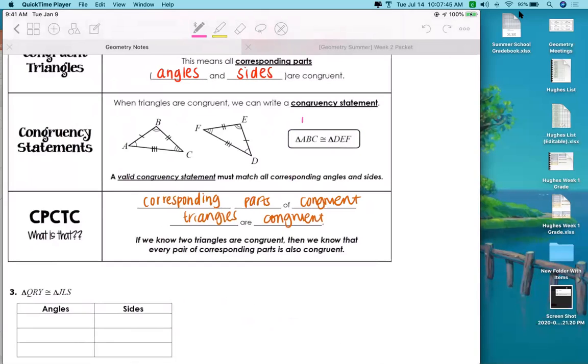Like if you look at this, the first letter of each of them, those two angles should have one curve mark on it, which is right here, D and A. And then the second letter, B and E, those should align.